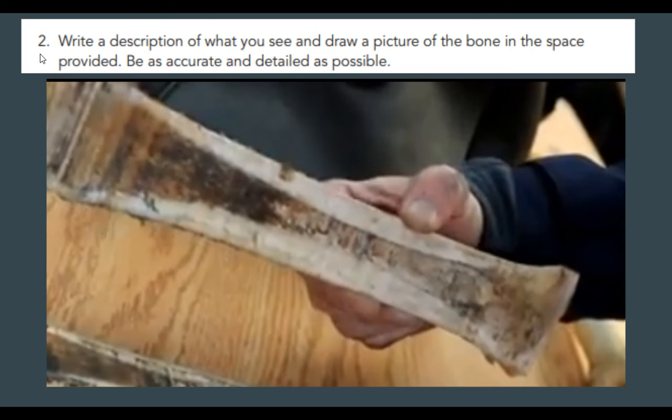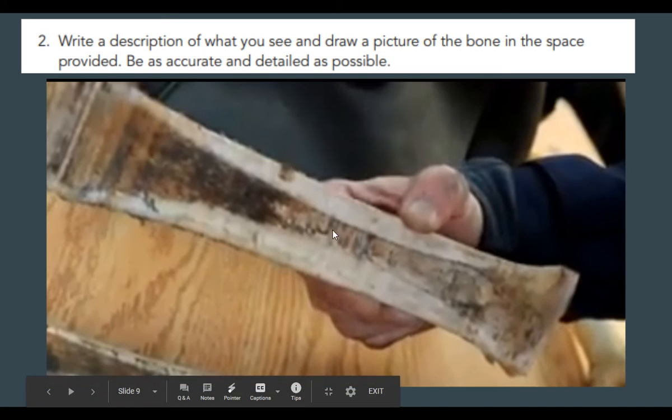On the next page in your workbook, question 2 says, write a description of what you see and draw a picture of the bone in the space provided. Be accurate and detailed as possible. So go ahead and take a minute to describe what you see. You should see some different colors. It looks like some different textures.